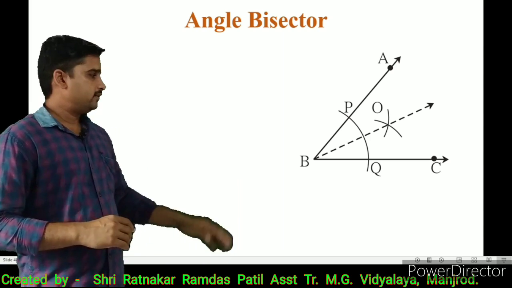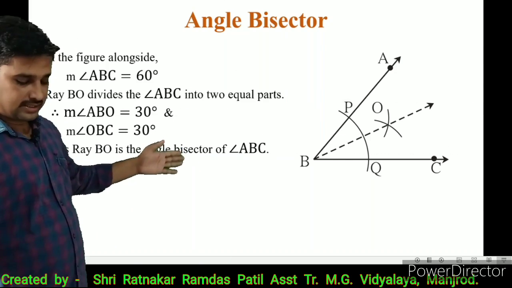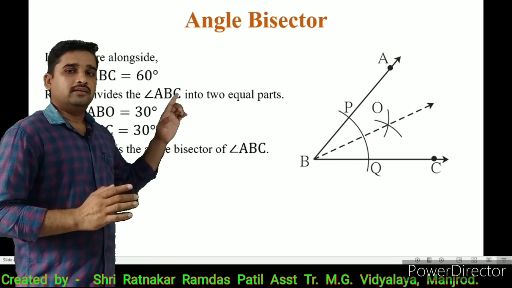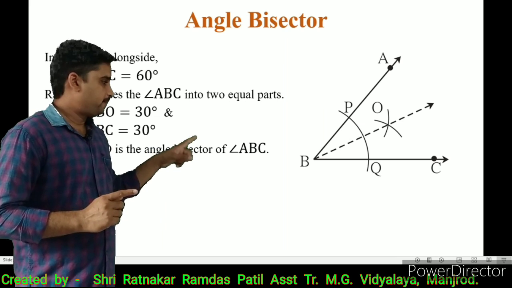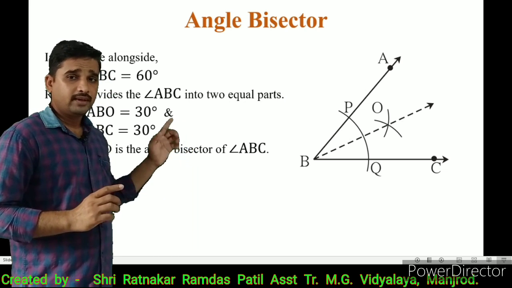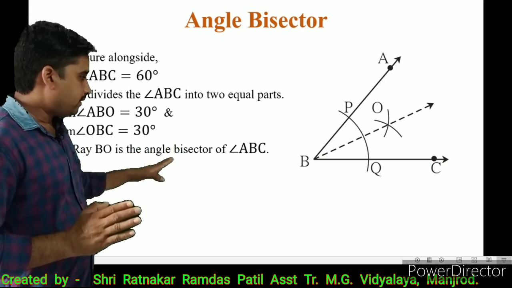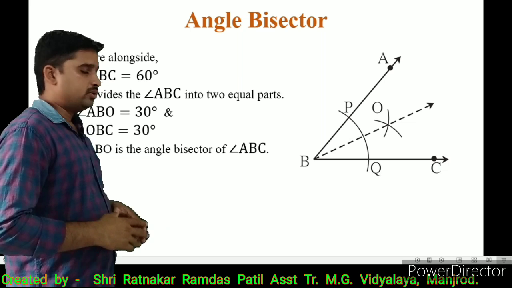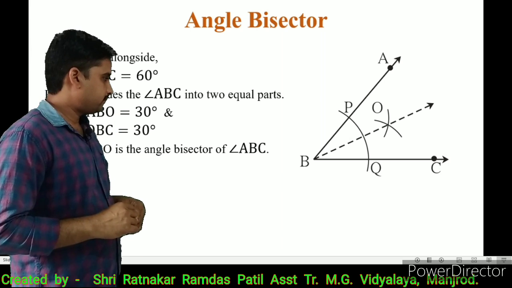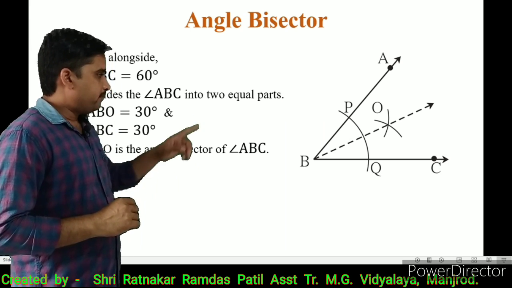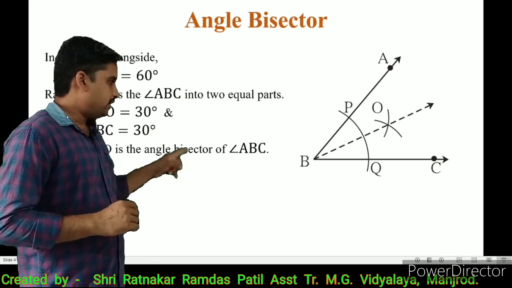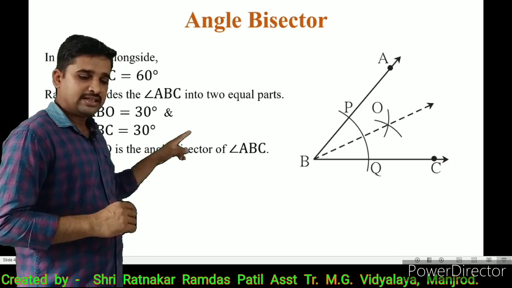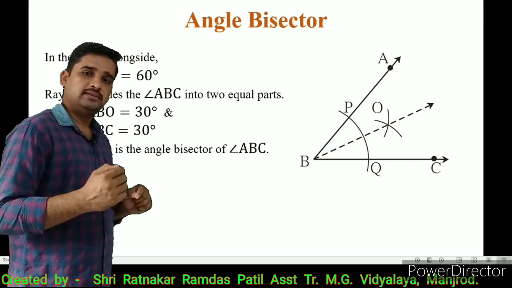For that, this is the angle ABC, and angle ABC is 60 degree, and here ray BO divides angle ABC into two equal parts. So measure of angle ABO and measure of angle OBC is 30 degree.